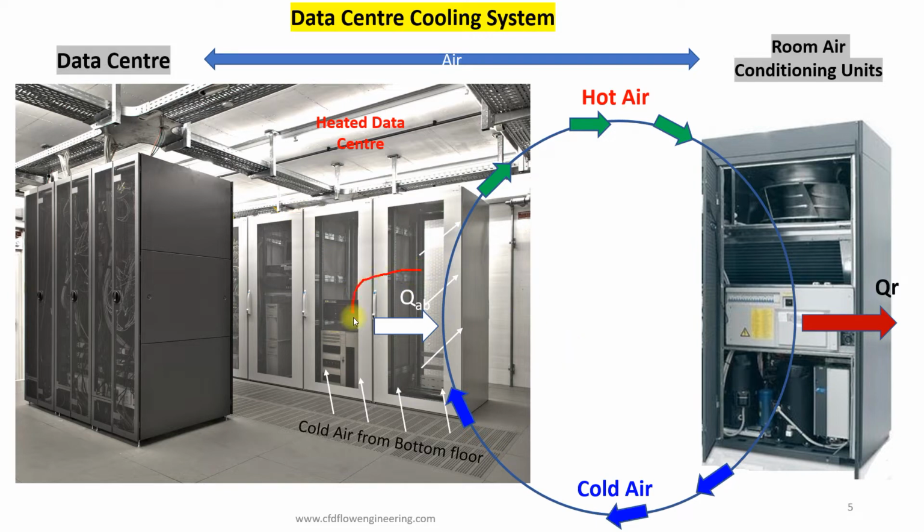Air absorbs heat energy from server, and air gets heated, and the heated air passes through this RAC unit. RAC unit is connected with a cooling coil, and cooling coils are connected with chiller unit. RAC unit may consist of humidifier and dehumidifier in order to control relative humidity.